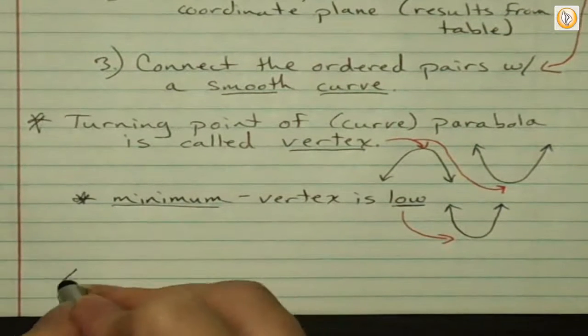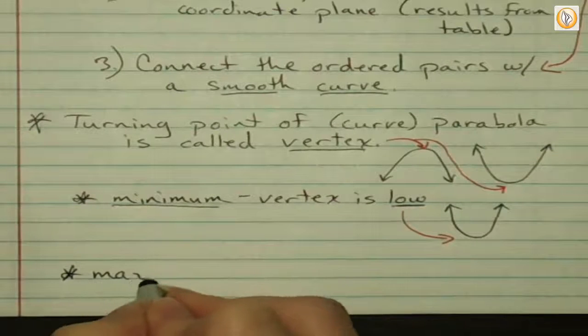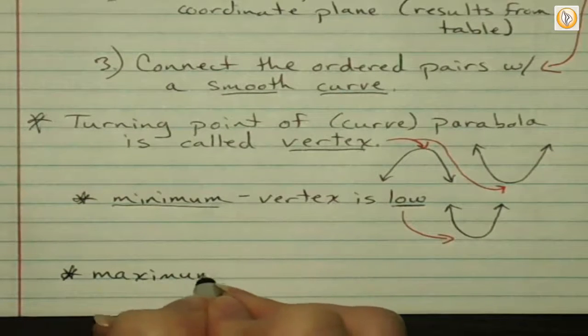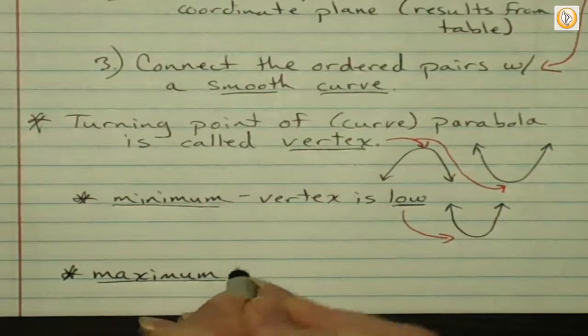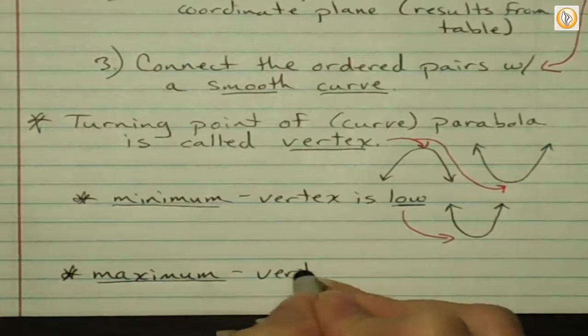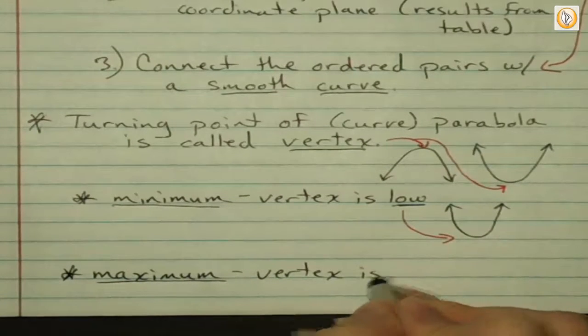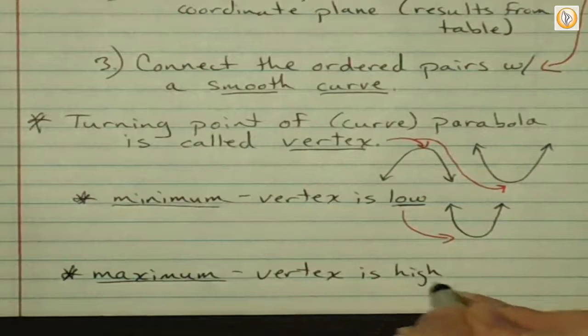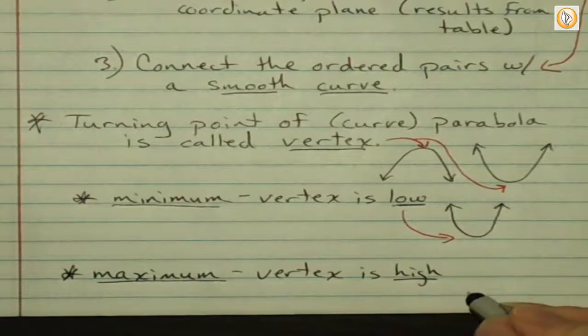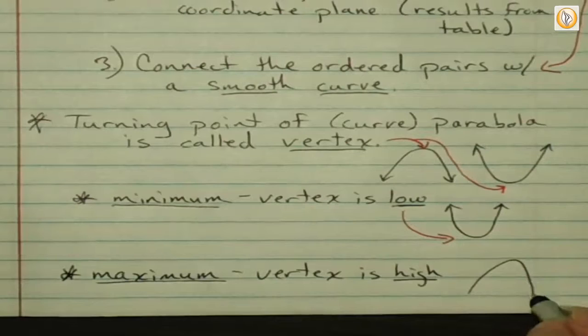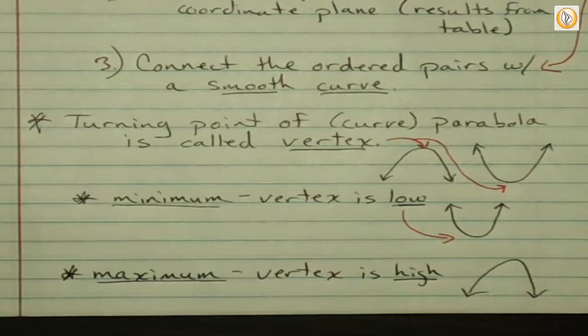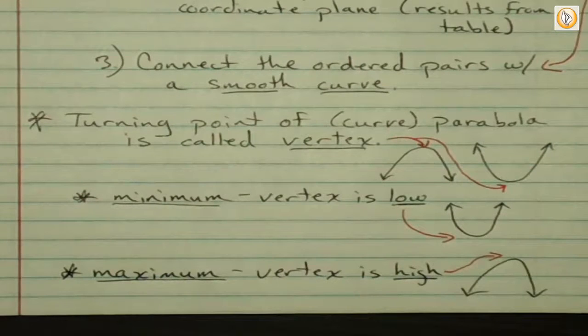If you have a maximum, the vertex is high. Makes sense. If it's a minimum, then it's low. If it's maximum, it's high.